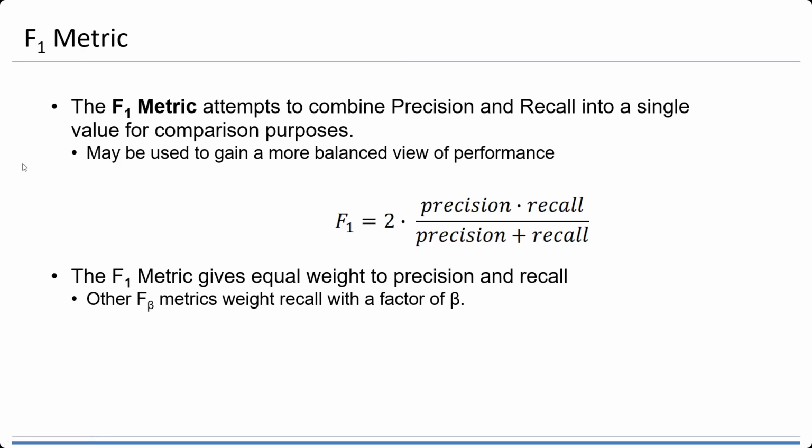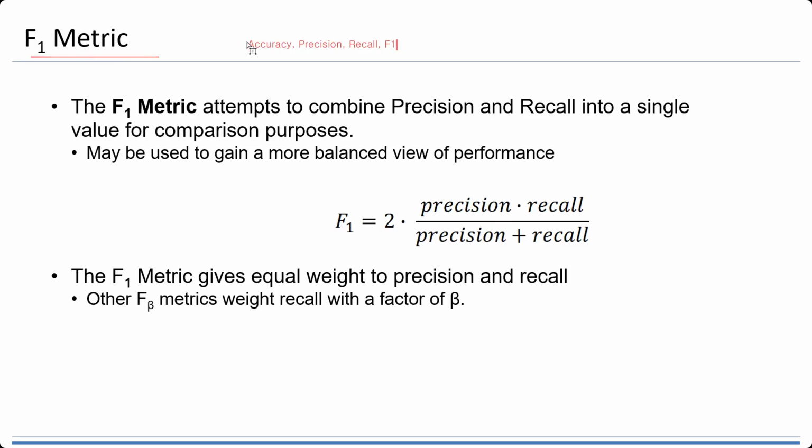Next, I would like to address another metric. We call it F1. When we do classification, I guess you know there are several metrics like accuracy, precision, recall, and F1 score.